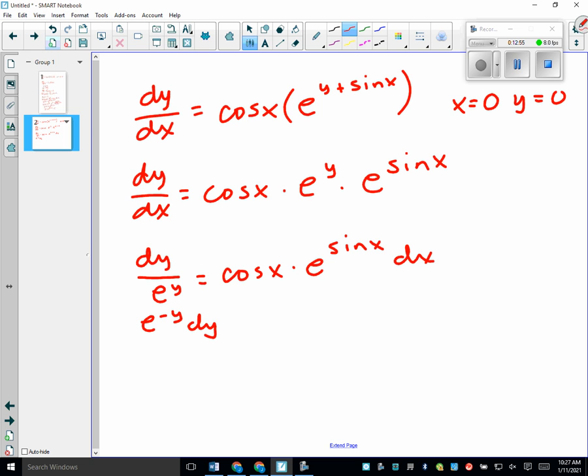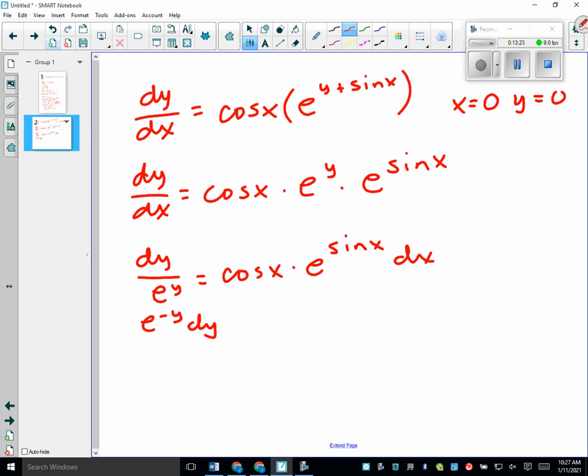Can I move it to the top and put it e to the negative y? Wait, wasn't the derivative like e to the u du? But remember, I'm going backwards. I'm not taking the derivative. So if it was e to the 2y, would that be 2e to the 2y? Oh, no, okay, I got you.